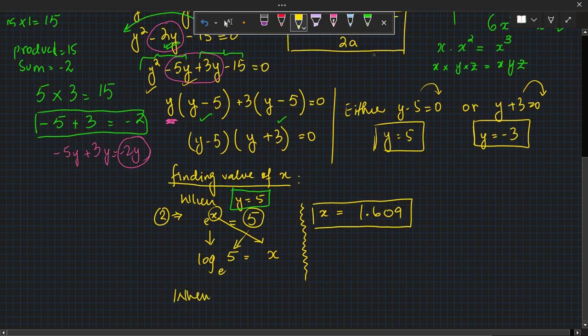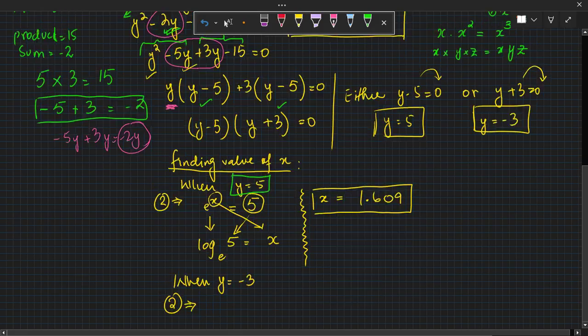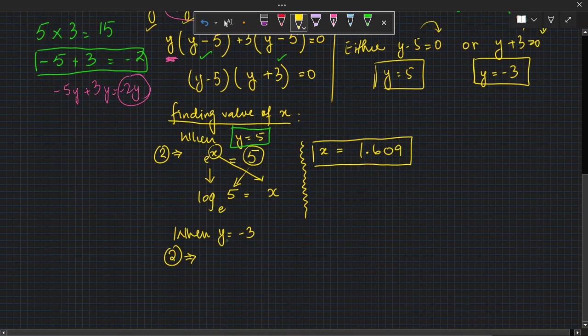The same working is going to be done. Y equal to minus 3, right? Now equation number 2: again, you plug the value into equation number 2, which is exponential x equal to y, so exponential x equal to minus 3, right?